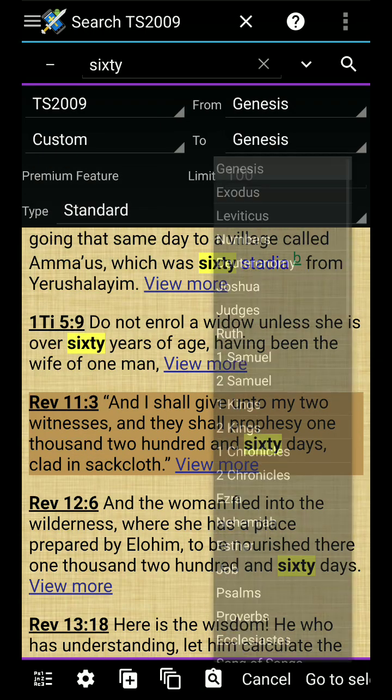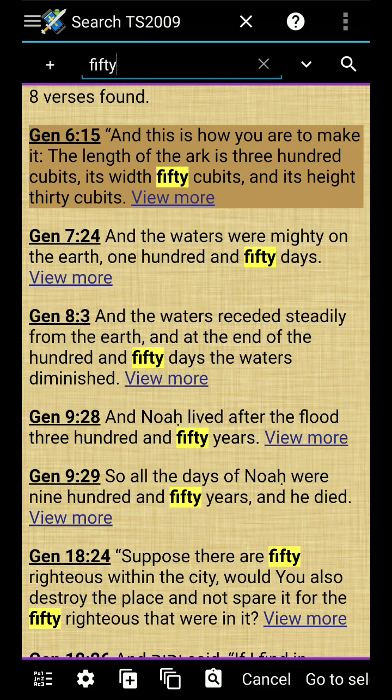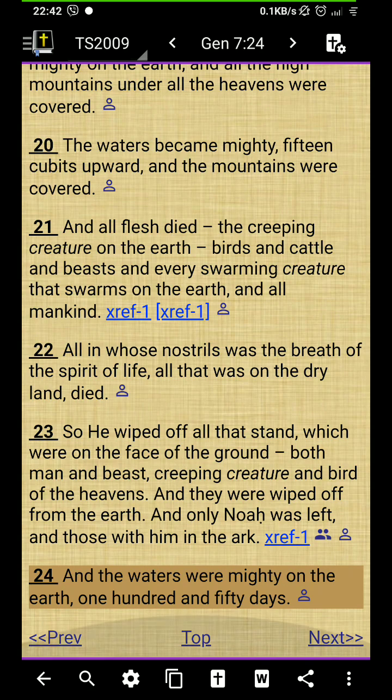Yeah, it's in chapter 7. So, and the waters were mighty on the earth 150 days. So we see again a precise number of days, and we know that the flood.